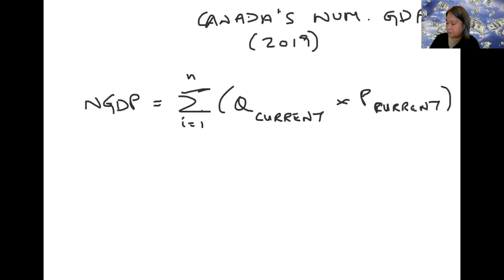Okay. So this is the formula to calculate nominal GDP. So now I am going to do an example of what exactly this means.